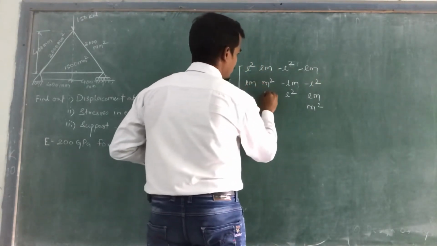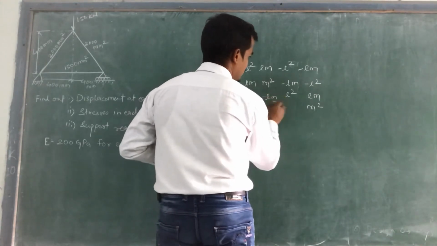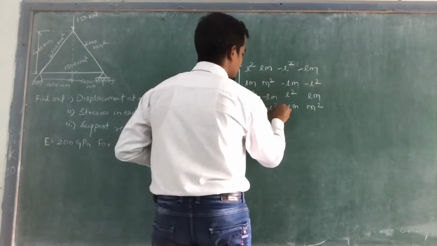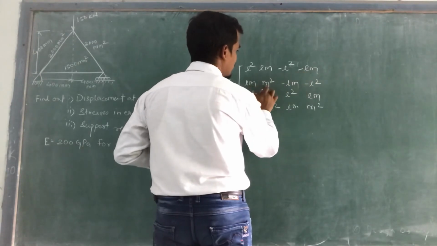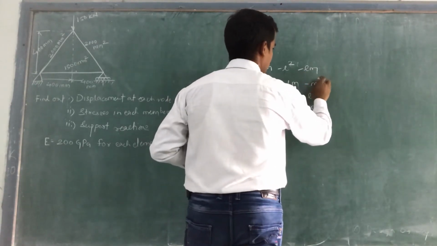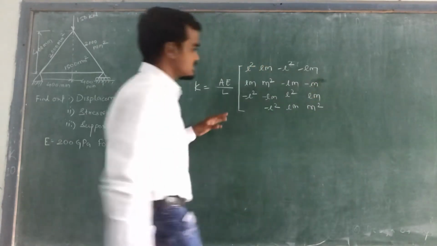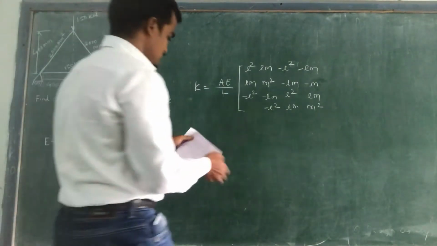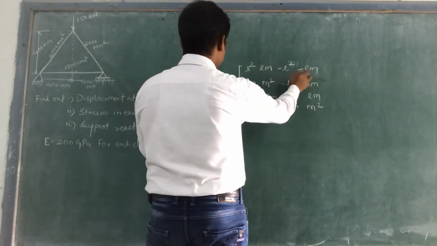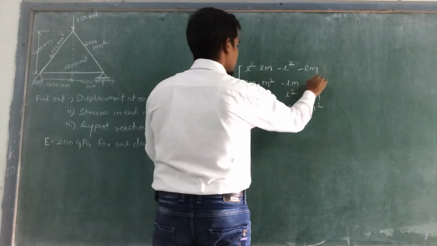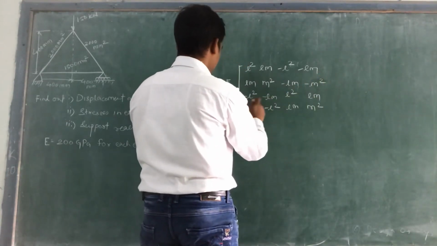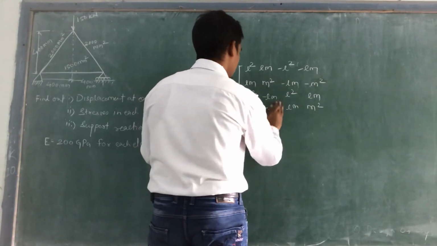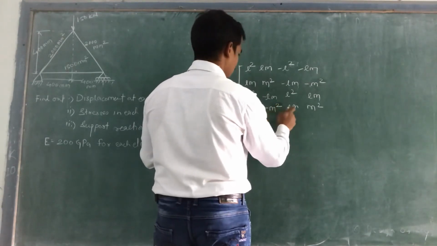Similarly, the next rows: minus L square, minus Lm, L square, Lm; and minus Lm, minus M square, Lm, M square.